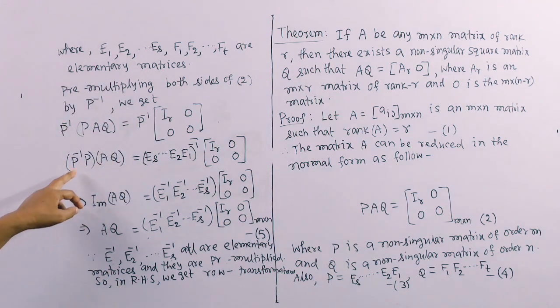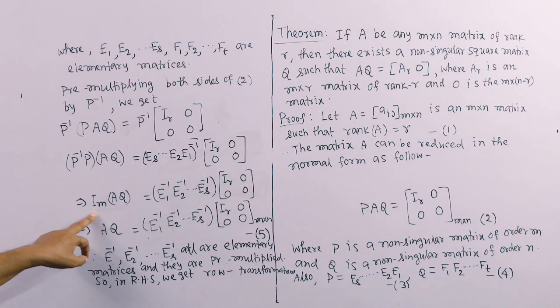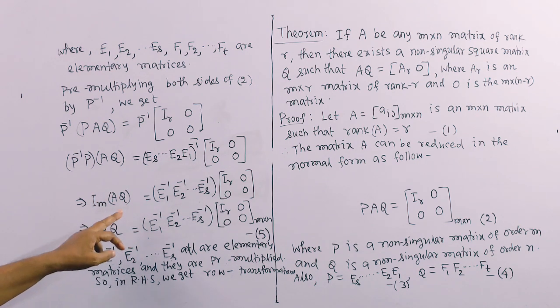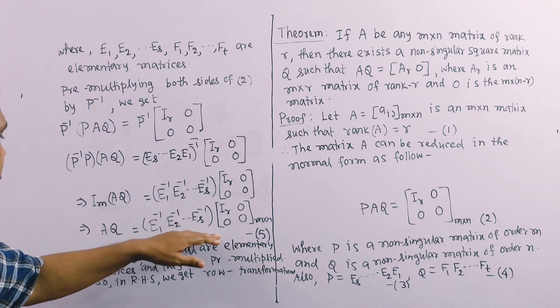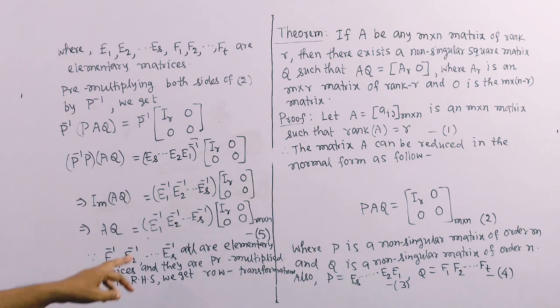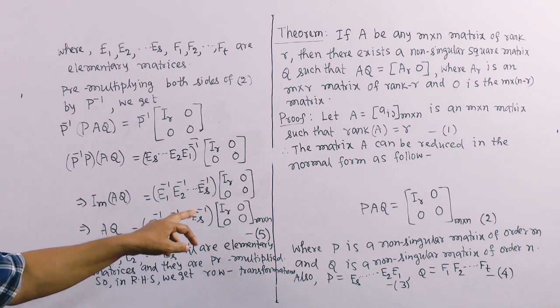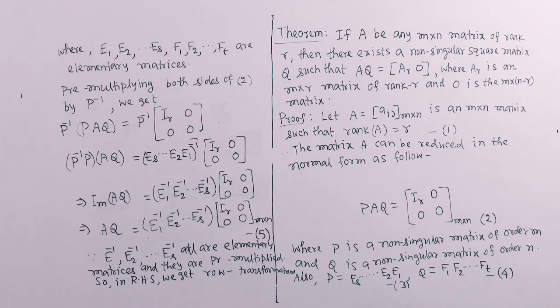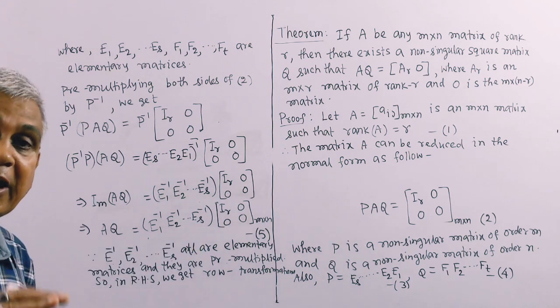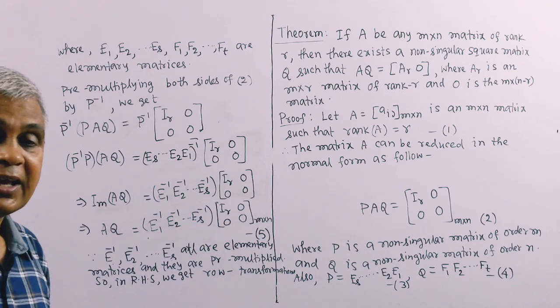So P inverse P will be the unit matrix Im, and Im AQ is AQ, and the right side is the same. Here E1 inverse, E2 inverse, Es inverse are all inverses of elementary matrices.